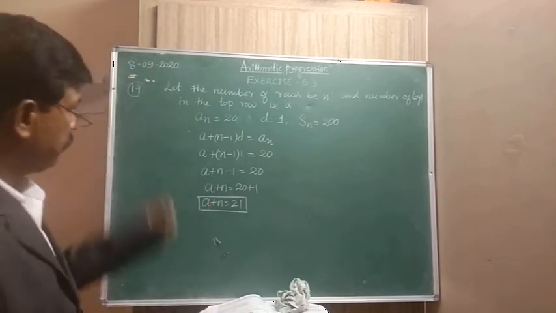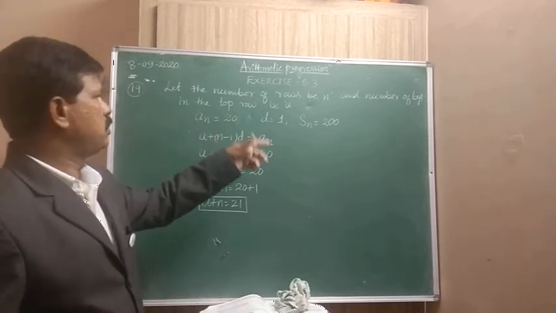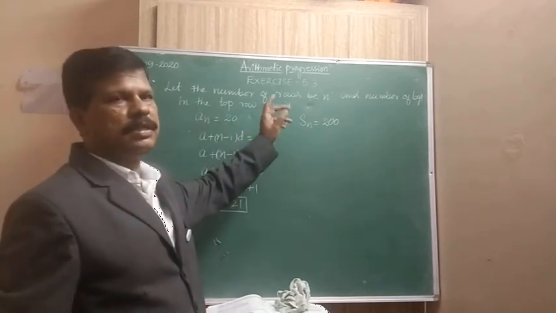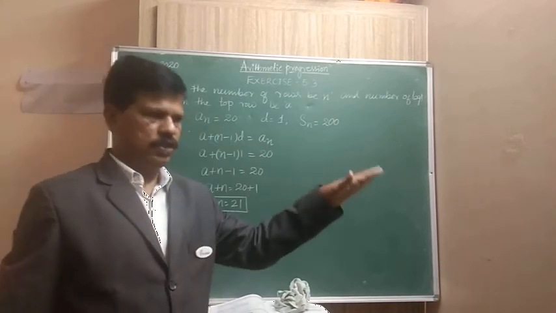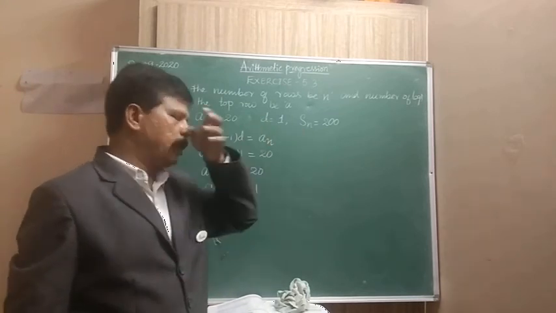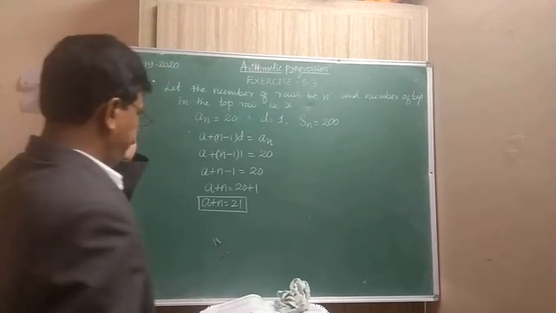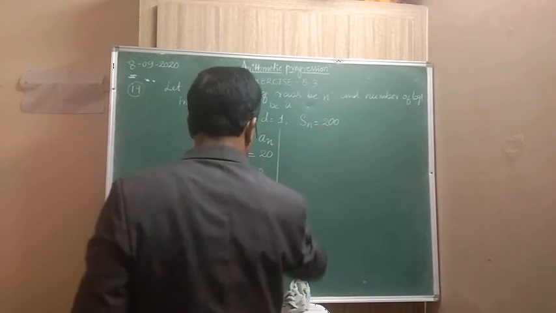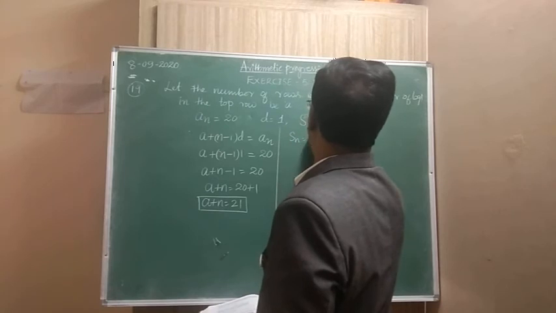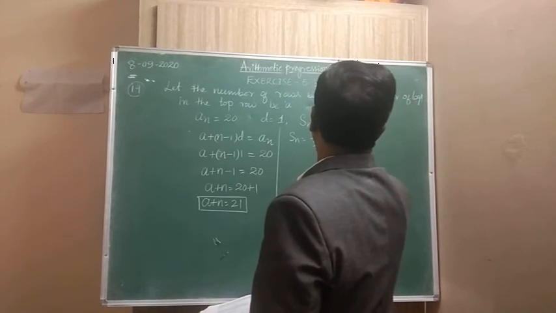Are you clear on this? See, the last term is given as 20. The difference is given: the first row is 20 logs, the next row is 19 logs, so 1 log is less. The total is 200. So use this: a plus n is equal to 21. Then let us take the S_n formula. S_n is equal to n by 2 into (a plus l).